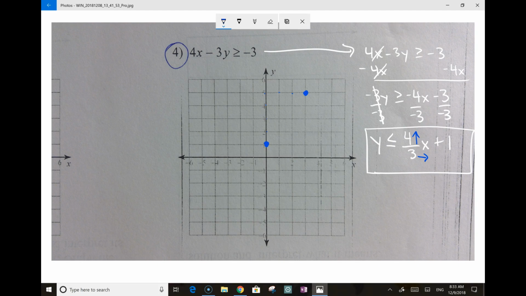Before I make it though, one thing to remember is when you're dealing with linear inequalities, the line you get can now vary between one of two things. It can be either a broken line, or if you have the equality component in your inequality, it would be a solid line.